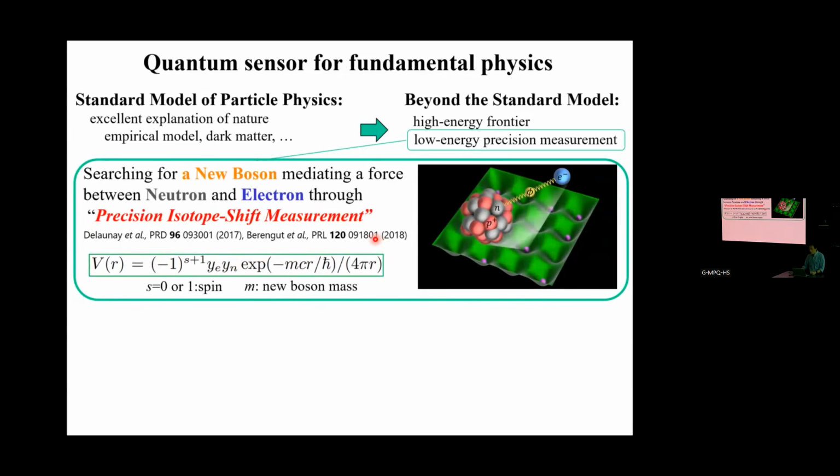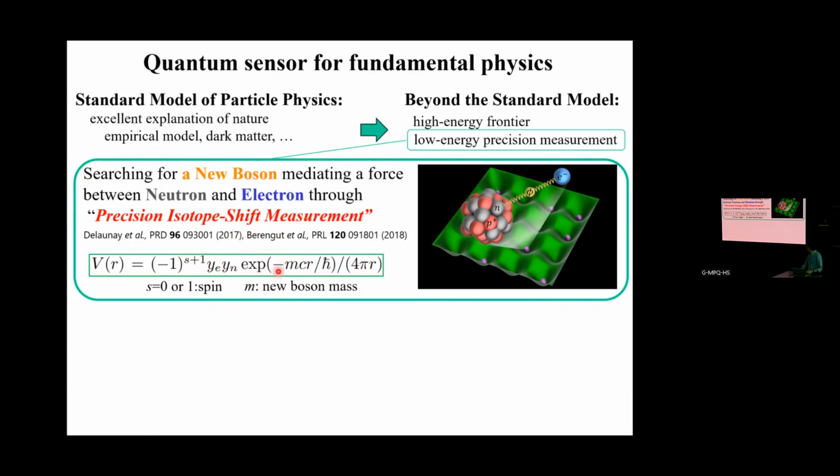These papers propose searching for a new boson mediating a force between neutron and electron through precision isotope shift measurement.